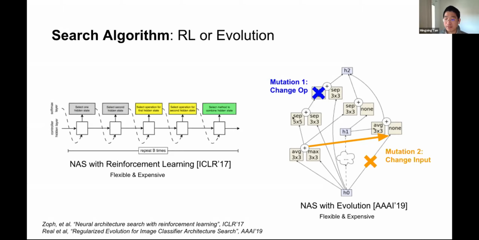For example, this placeholder could correspond to this RNN unit. And let's say it has 4 candidates: separable convolution, average pooling, max pooling, and identity. Then this unit will output 4 probabilities. And the probabilities will indicate which op is a better choice for this unit or for this placeholder.